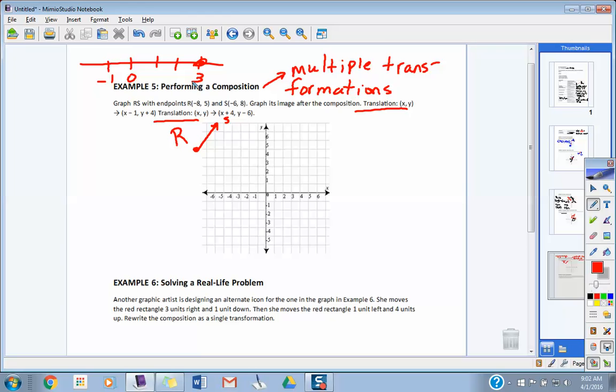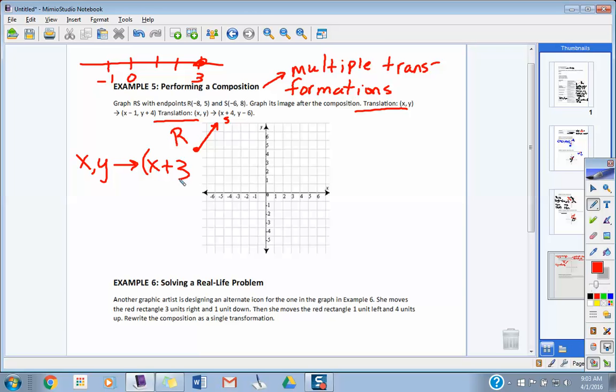So what I'm going to do here is I'm going to go ahead and take this combination of translations, or we call it a composition of translations, and I'm just going to write it as one single one. So we're going to write this really as (x, y) turns into the following, x plus 3. Now think about this one right here, guys. The y values. Originally you go up how much? 4, and then turn around and go down 6.